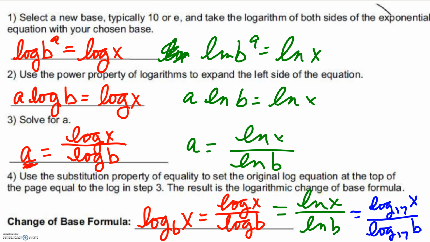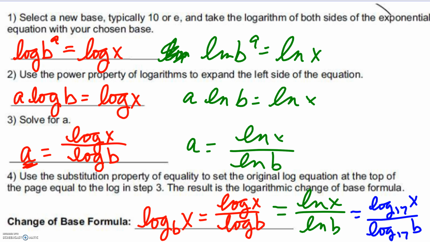Notice that there's no such thing as saying, oh, I'm just going to cancel the logs here and just make it x over b. Can't do that. These are not factors. These are functions. So you cannot just say, oh, I'm going to cancel those logs. That is not allowed.